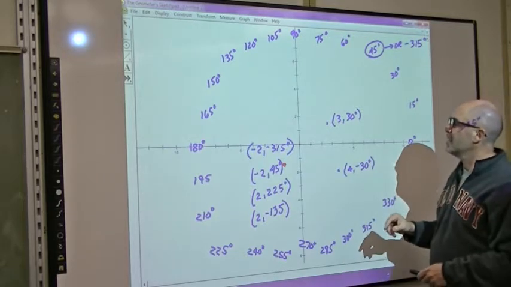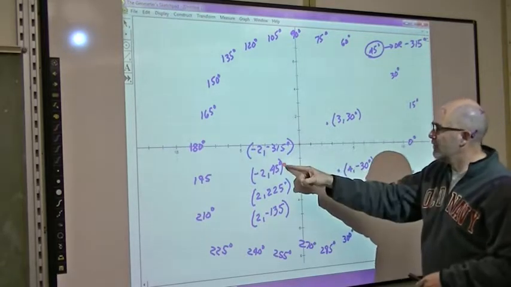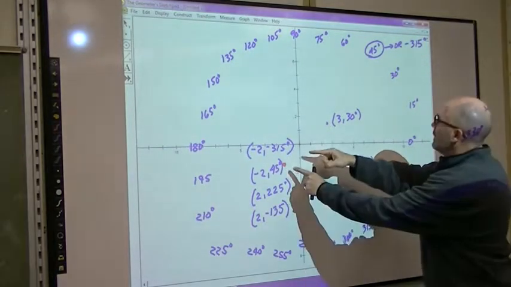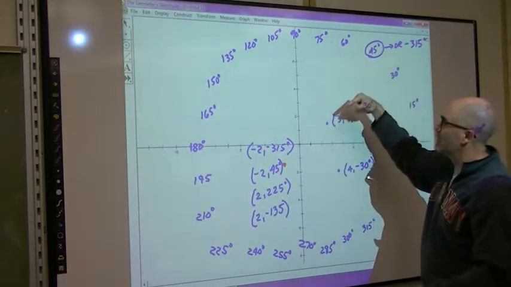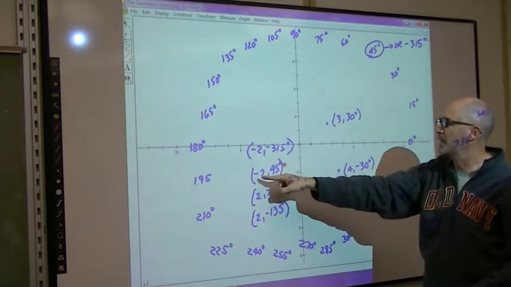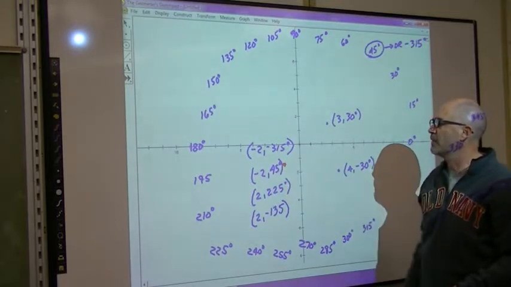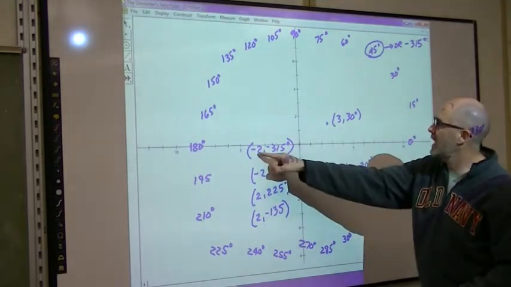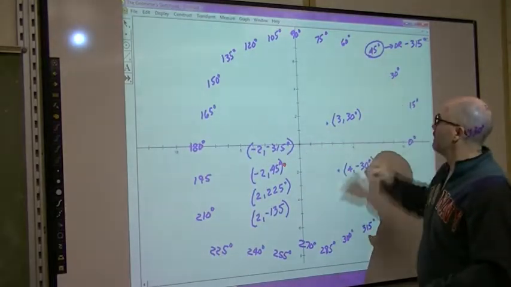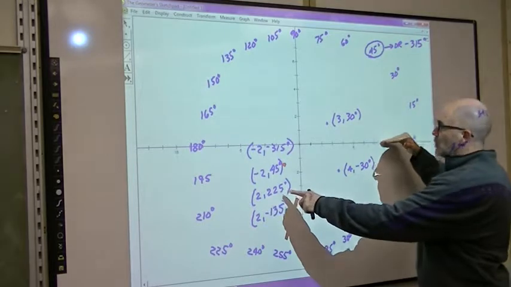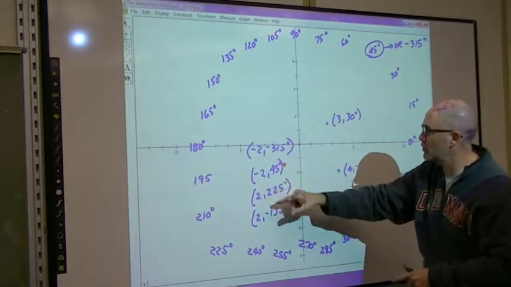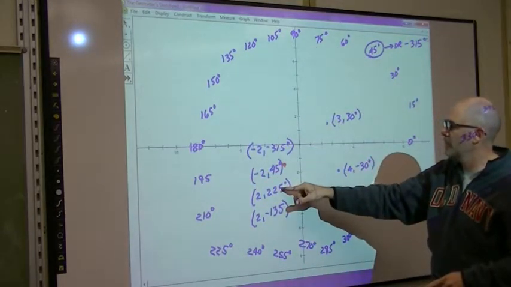Or I could name it negative going in the opposite direction of the angle. So instead of going toward the 45, it's going away from the 45, which makes it (negative 2, 45 degrees). Or (negative 2, negative 315). Or we could say it's (positive 2, positive 225 degrees).